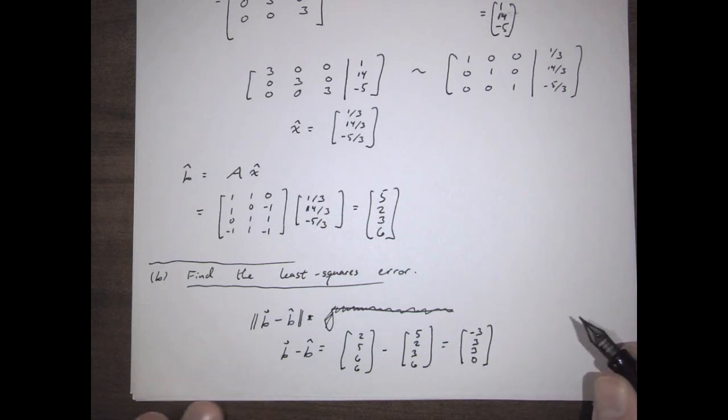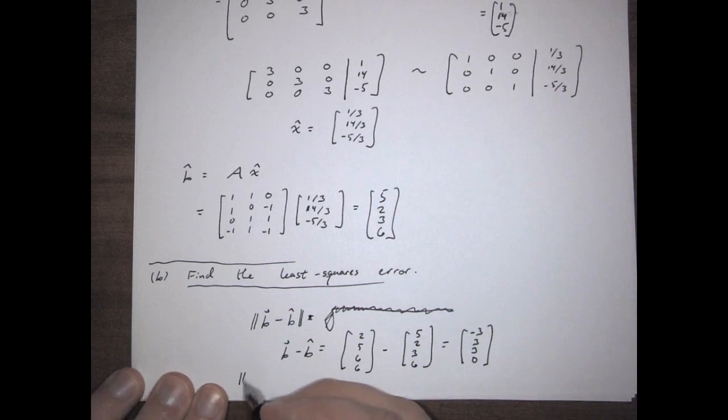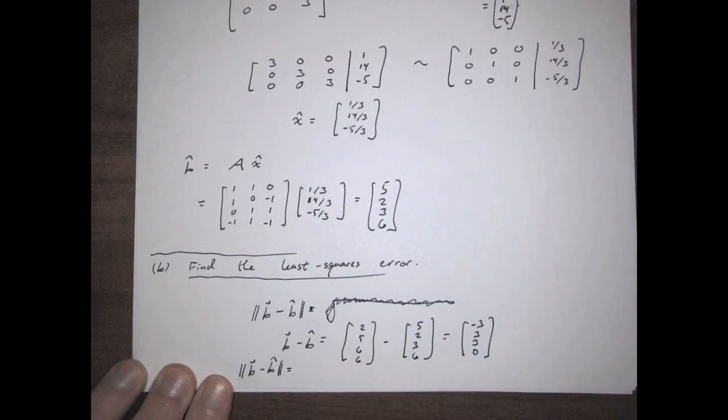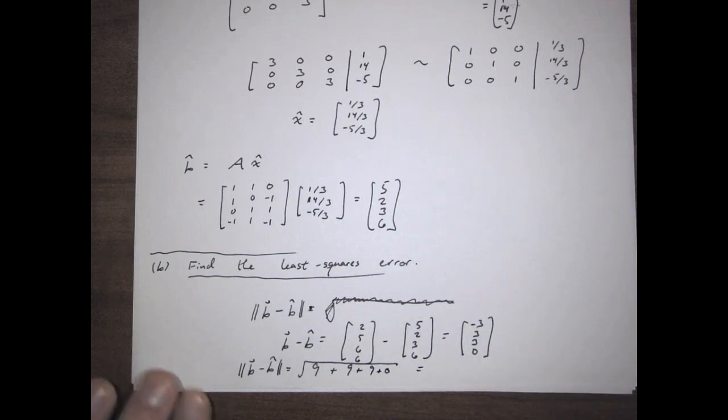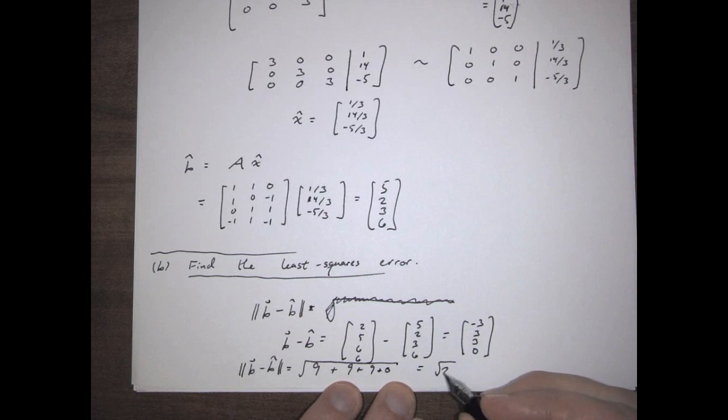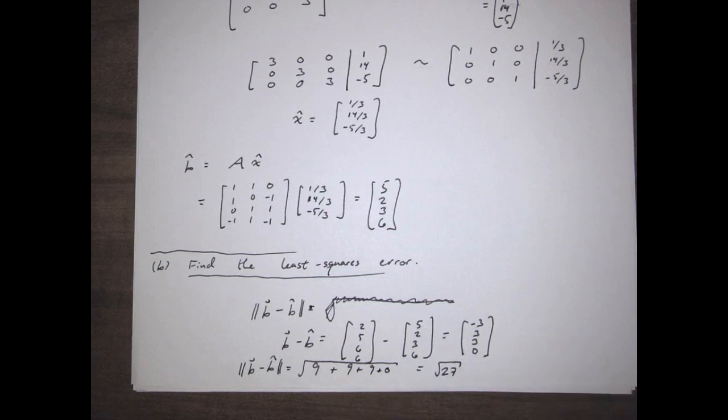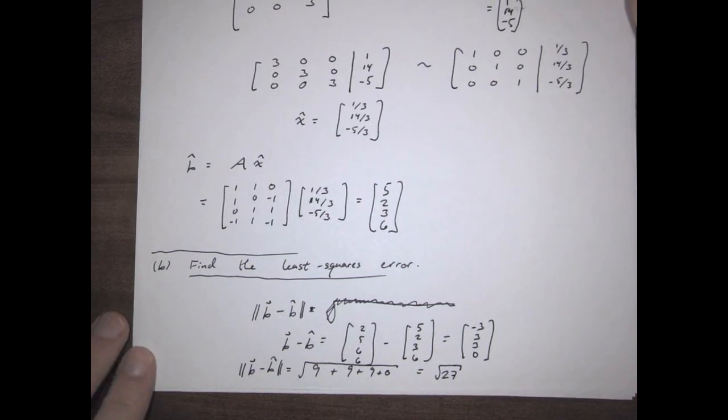And then the magnitude of that, so B minus B hat, is the square root of 9 plus 9 plus 9 plus 0. So that's going to be the square root of 27. You could pull out the root 3 and simplify that if you wanted, but there's no advantage to doing so, and so we won't.